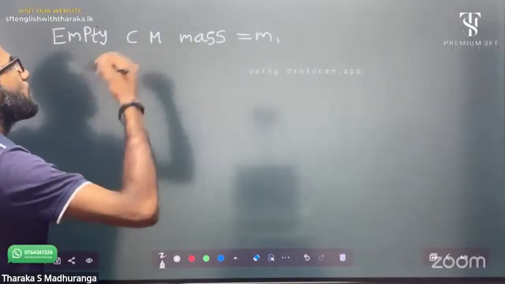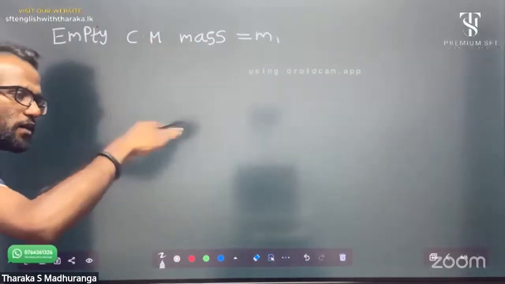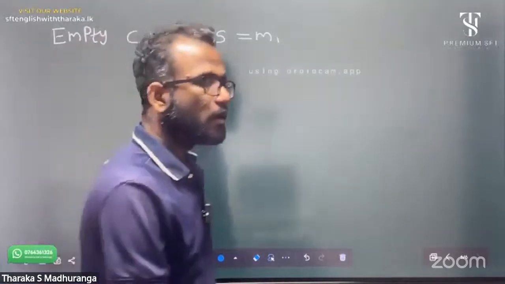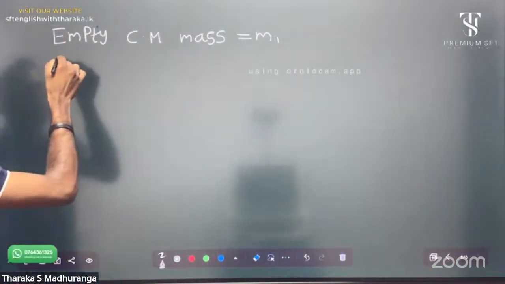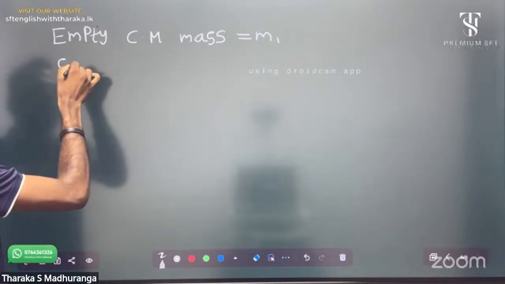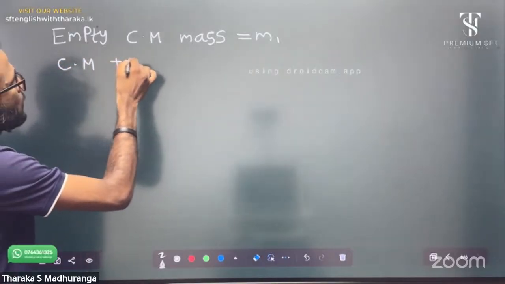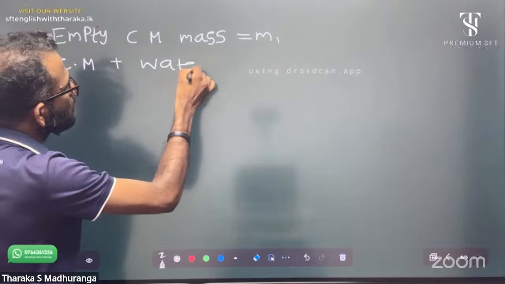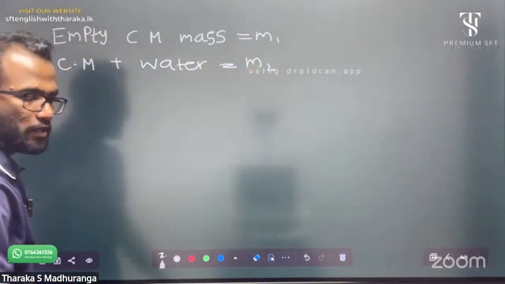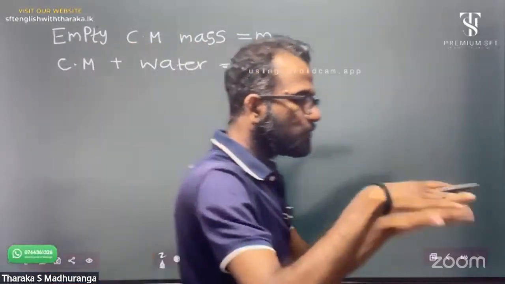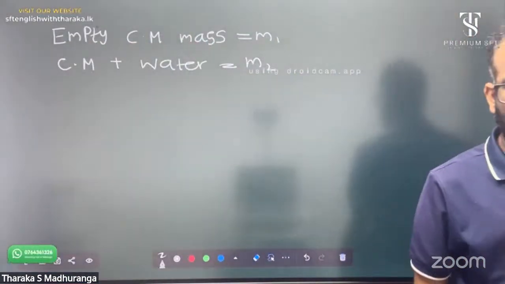The second step: fill the calorimeter with half water. Measure the mass of the calorimeter plus water. It is M2.